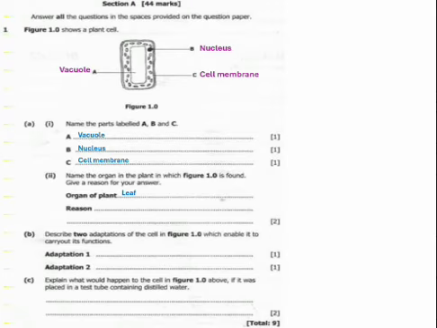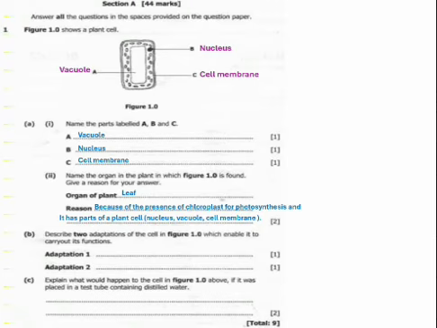The reason is the presence of chloroplast for photosynthesis, and it has the parts of a plant cell: nucleus, vacuole, cell membrane. Usually a plant cell has a nucleus, vacuole, cell membrane.